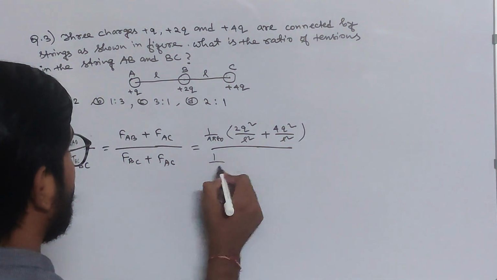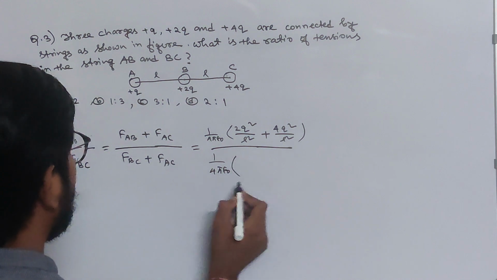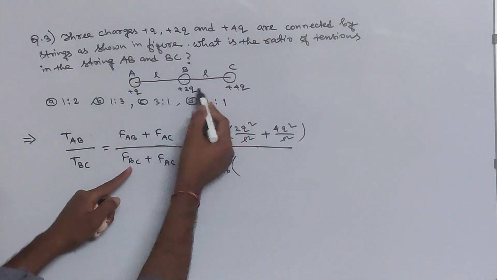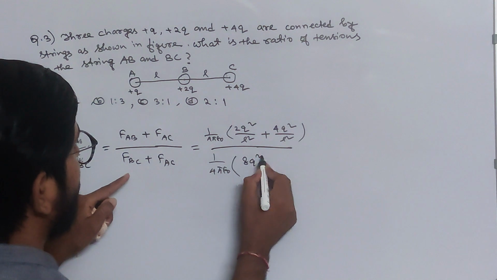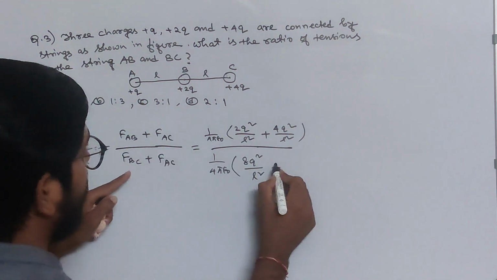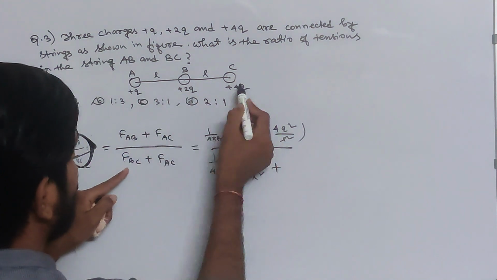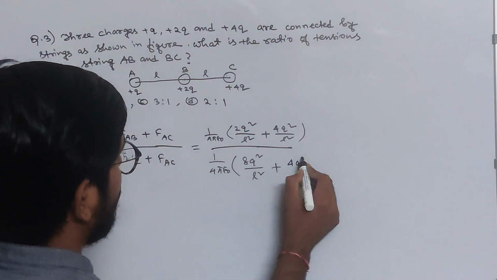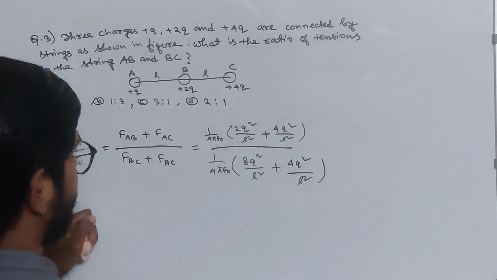Same thing for BC, if I take 1 by 4 pi epsilon naught common, between B and C it is 8Q square by L square, because at B 2Q and at C 4Q, and at A plus Q and at C 4Q, it is again 4Q square by L square.